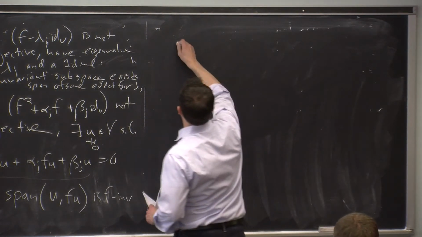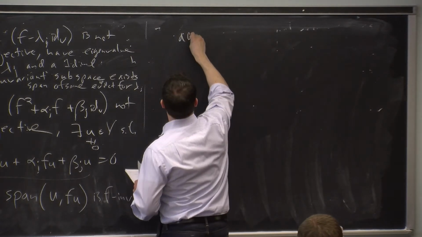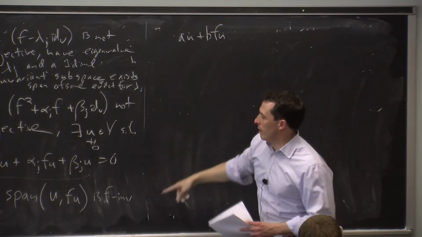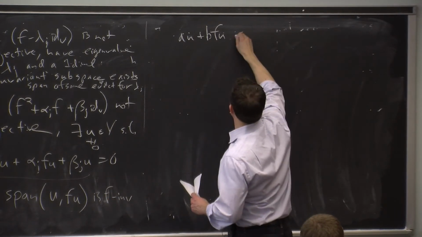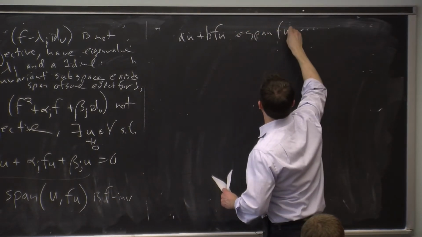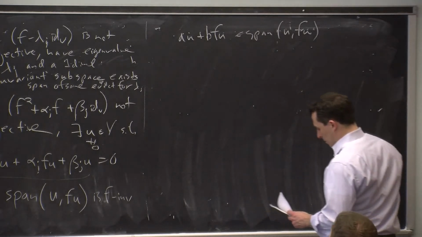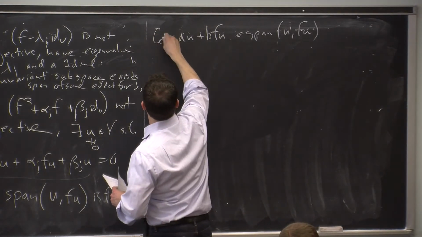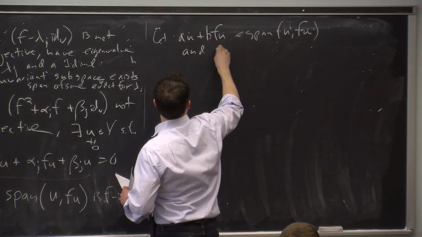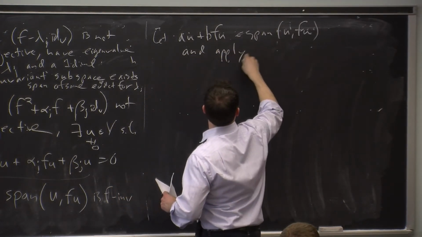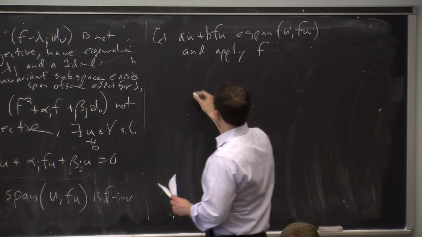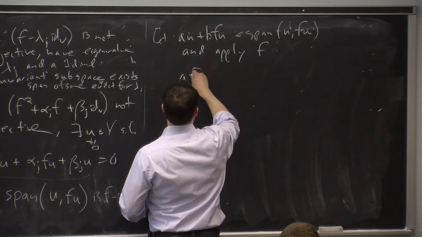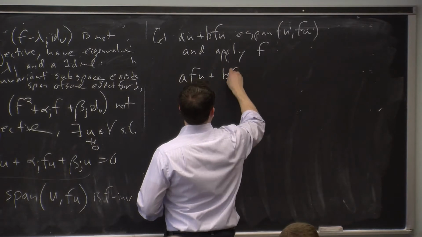Okay, well, to prove that, we just have to take an arbitrary element of the span, a linear combination, and apply f. Then I get a fu plus b f squared u.